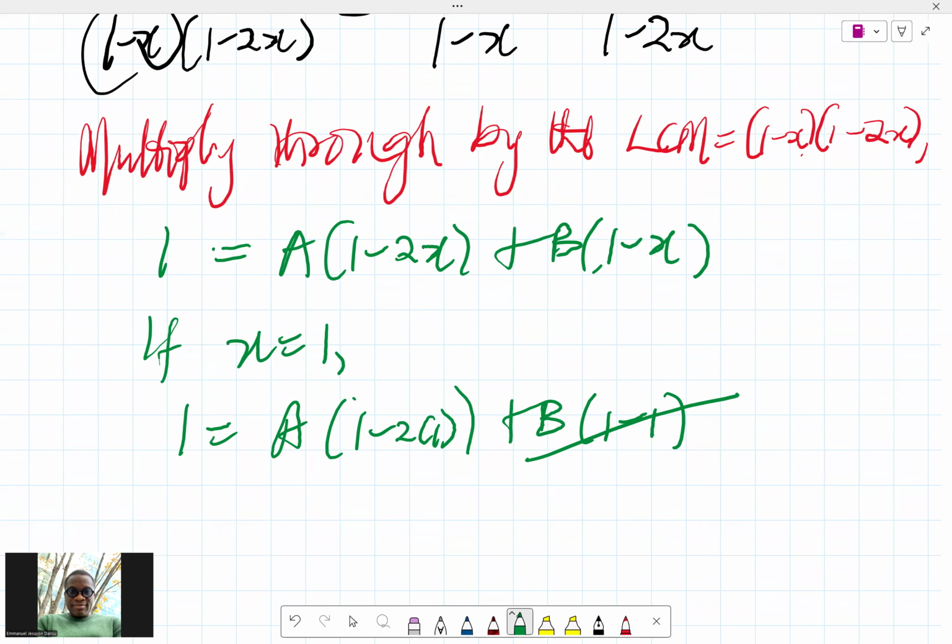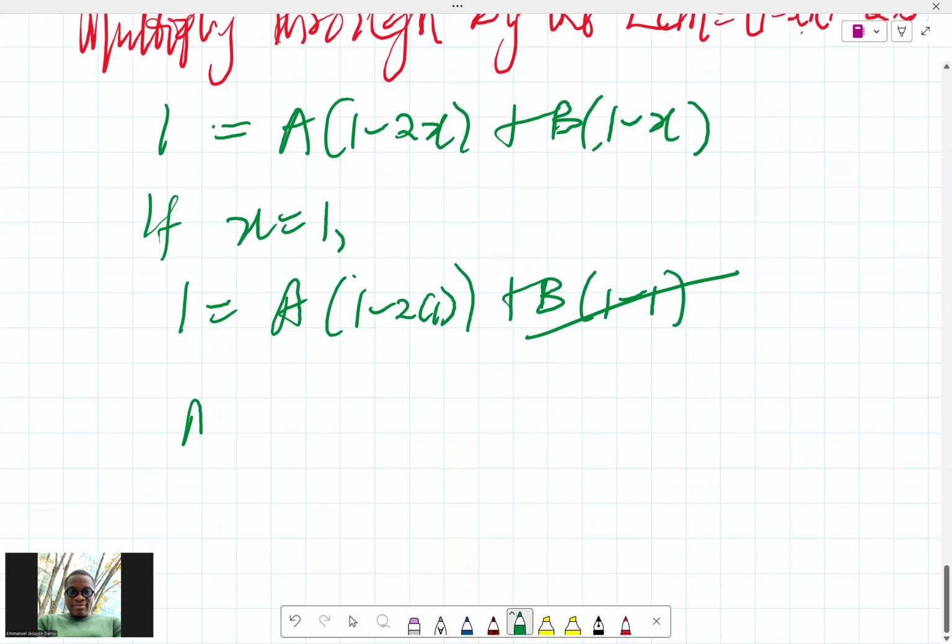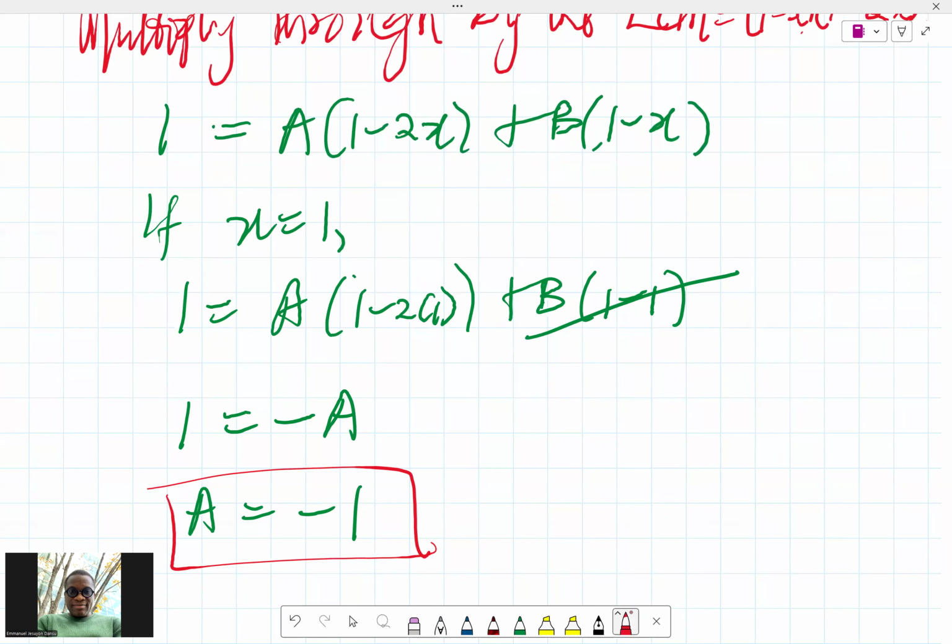So this is 0, it automatically goes away. So 1 minus 2 is minus 1, so 1 is equal to minus A. That implies that A is equal to minus 1. So we keep that. A is minus 1.